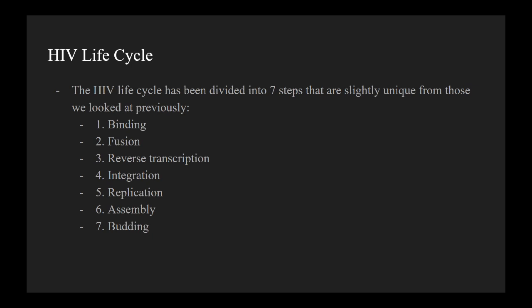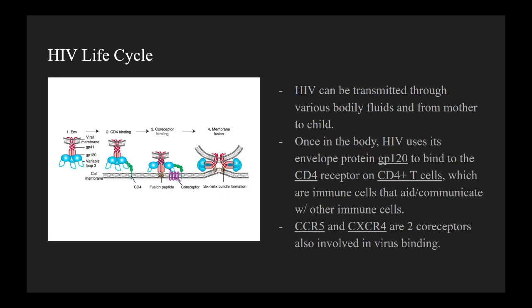The important ones here are reverse transcription, of course, because that's key to the HIV and retrovirus life cycle, and integration is also pretty important because we're actually putting the DNA into the host genome. HIV can be transmitted through various bodily fluids and from mother to child as well. It's important to note that it can't be spread through coughing, sneezing, etc., or physical contact.